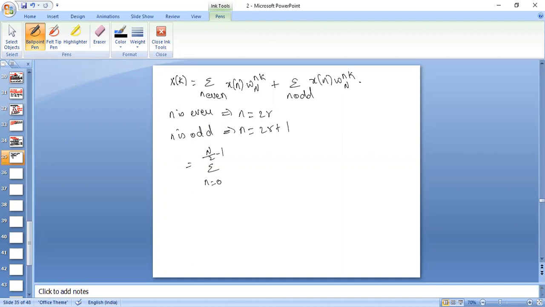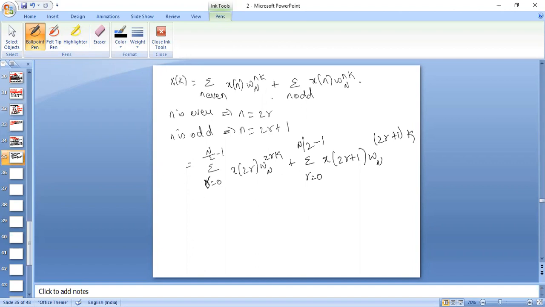Since the first one corresponds to even, this should be r. So even, r is equal to 0 to n by 2 minus 1, x of 2r omega n power 2rk plus sigma r is equal to 0 to n by 2 minus 1, x of 2r plus 1 into omega n power 2r plus 1 into k, right?